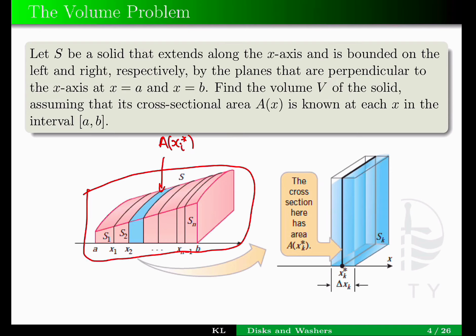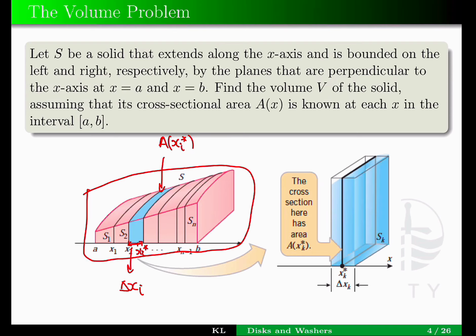At that particular point, say this is our x sub i star here, the area will be A of x sub i star, and we have the length of this subinterval. The length of this subinterval will be delta x sub i.